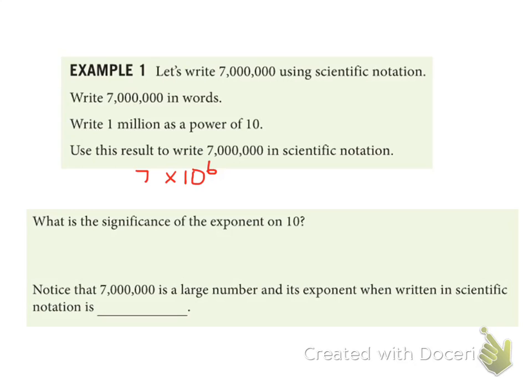So far, so good? What is the significance of the exponent on 10? It's positive because it's a large number. But what else? Why is it 6? Because it's how far you had to move the decimal point.